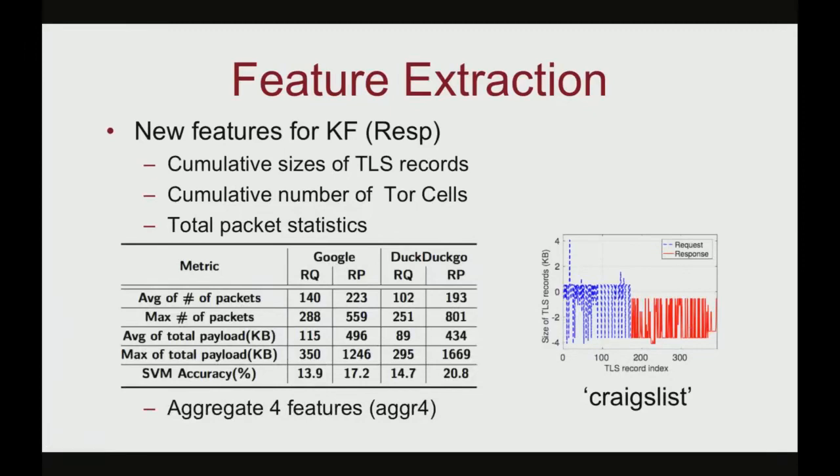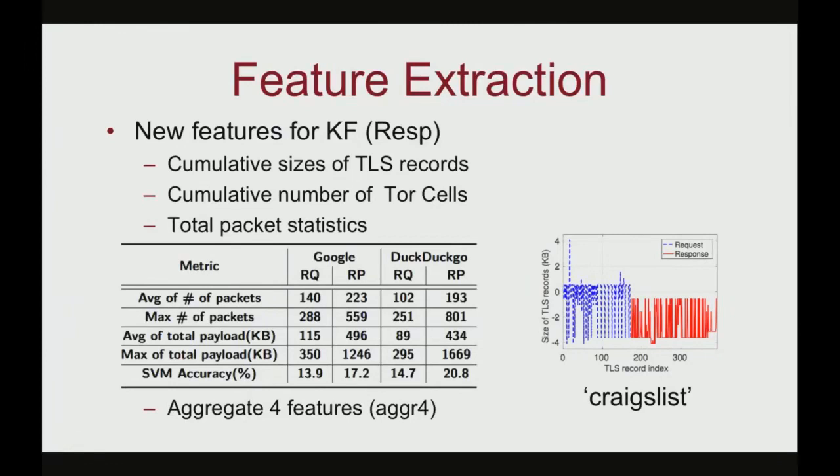The remaining part, we call request. We ran the SVM classifier on these two different portions, and we found that focusing only on the response portion gave us better results. That is around 70% for Google and 21% for DuckDuckGo. But those are not enough.